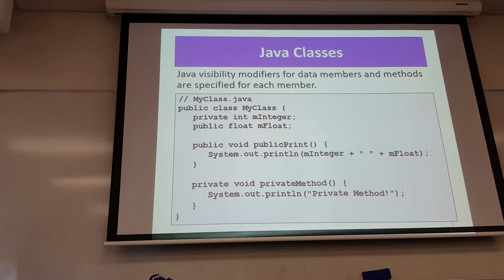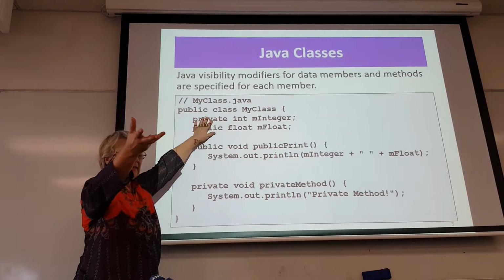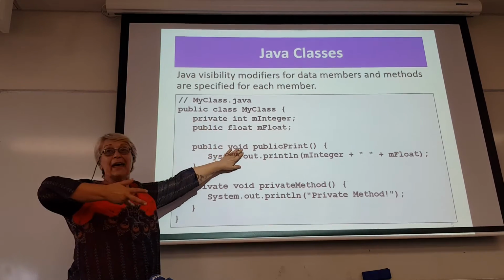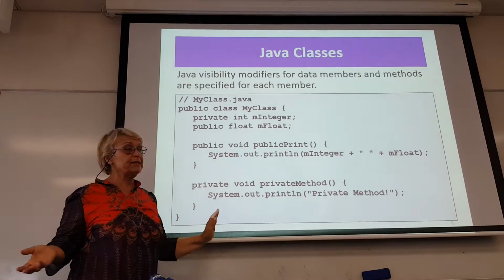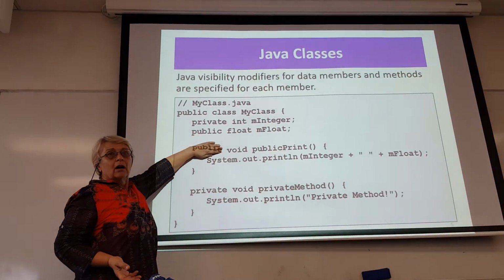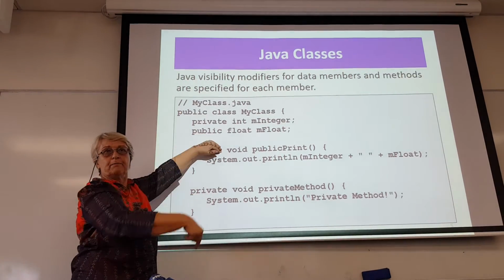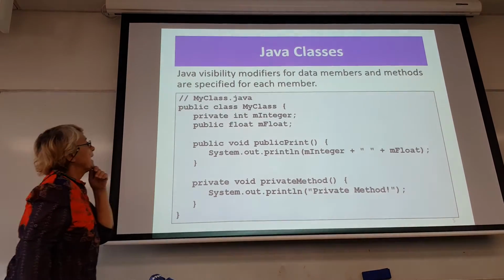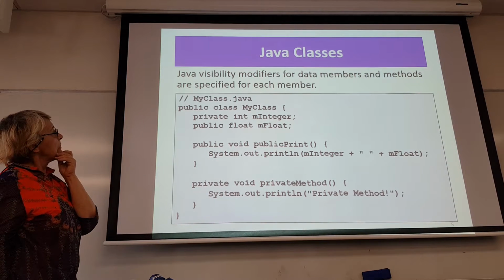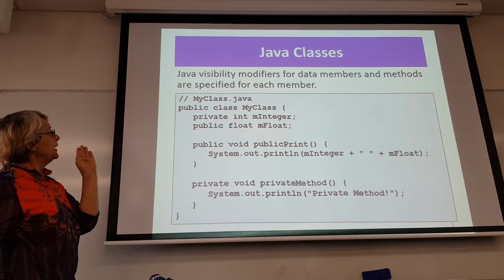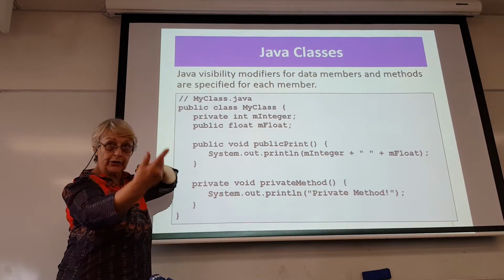As you can see, every data member, which is called a field in Java, as I said, and every method has to specify its visibility. If this is missing, it means that it is package visibility. Okay, so it's good to put everything, private or public, and you will see protected is there.